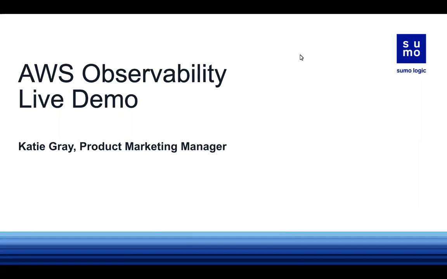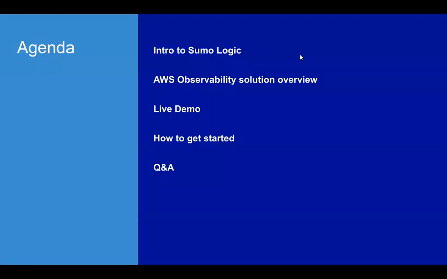So let's go ahead and dive into that. This is our agenda for today of what we're going to cover. I'm going to go over a quick intro of Sumo Logic for those of you who are totally new, and that'll be very, very brief. And then we'll get right into our solution today covering AWS Observability.